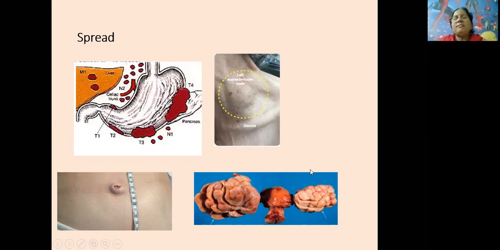So peritoneal seedlings can be present. Also, it can spread to the ovary, usually bilateral, and it is called as Krukenberg tumor.